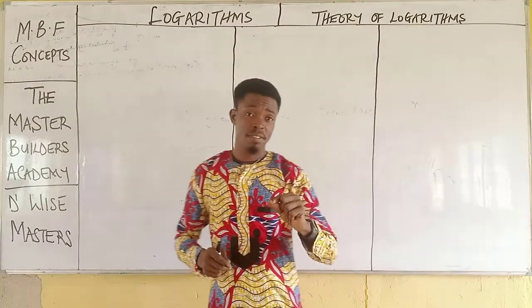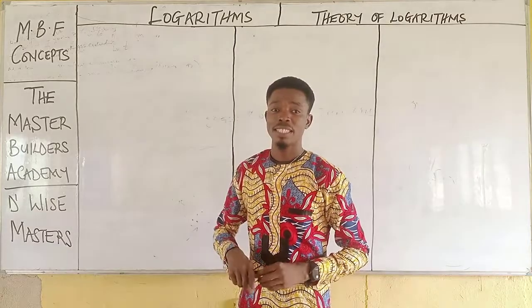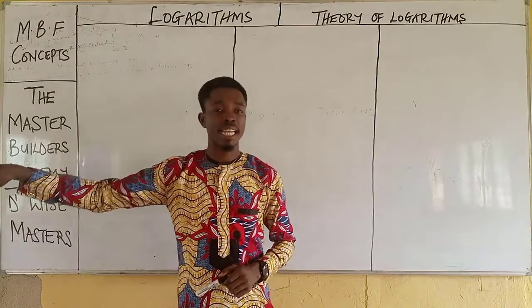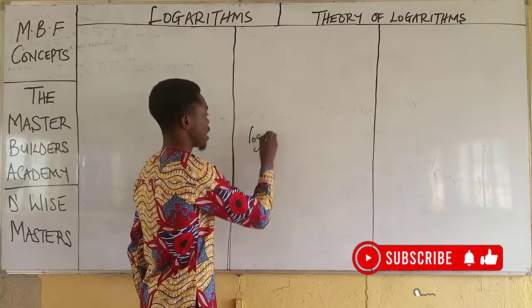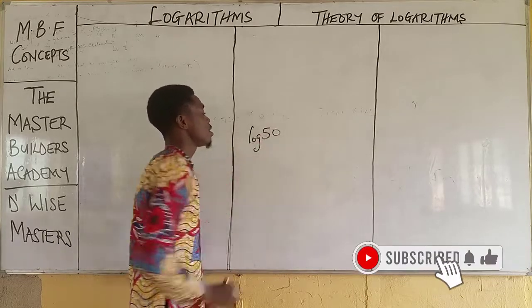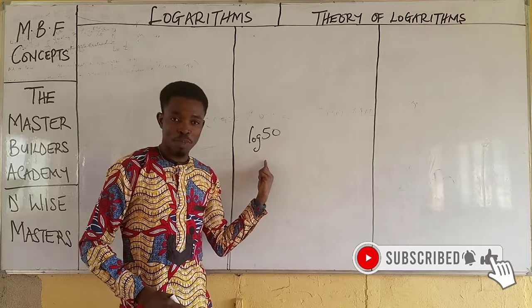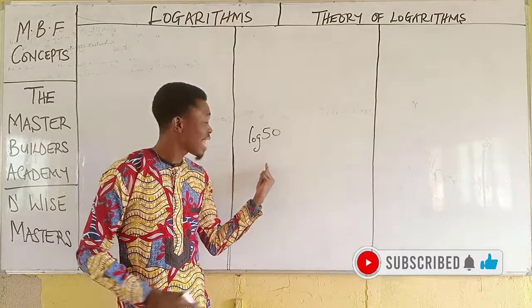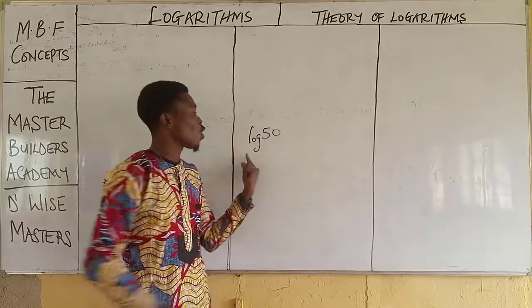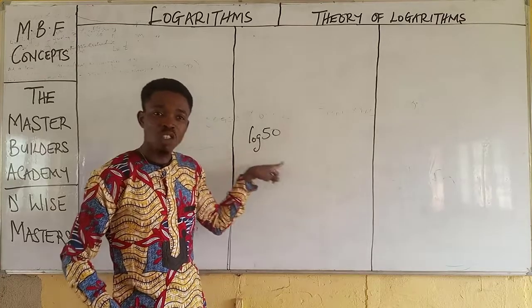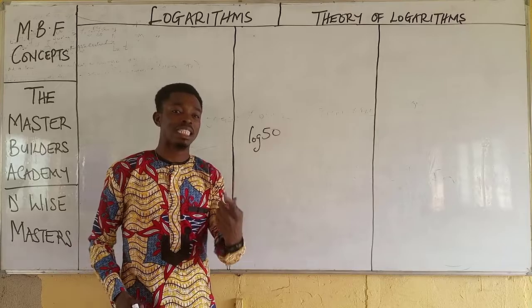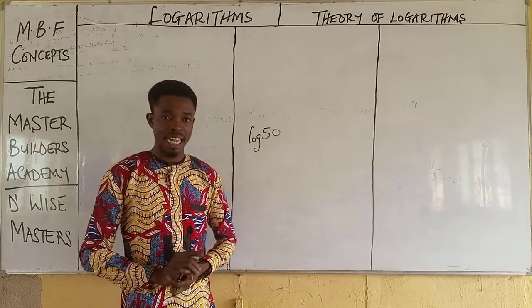Now, on a note, we know that logarithm is normally to base 10. If, take for instance, I have this, this is log to base 10. Why? Anytime you are given a log of a number, or the logarithm of a number, without a base, it shows that that logarithm is to base 10.